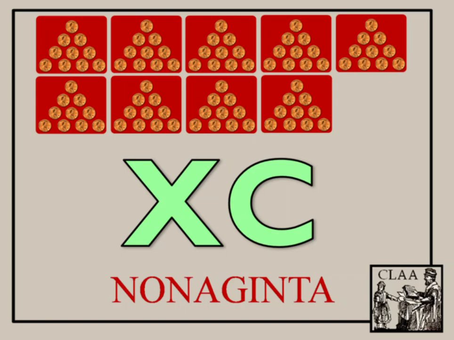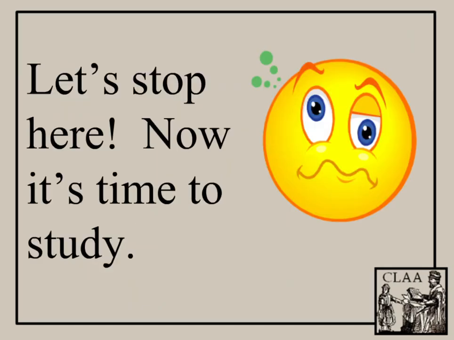Counting from nonaginta is very simple. We simply say nonaginta unus, nonaginta duo, nonaginta tres, and so on, just as before. Well, now you should be able to count all the way up to 99.